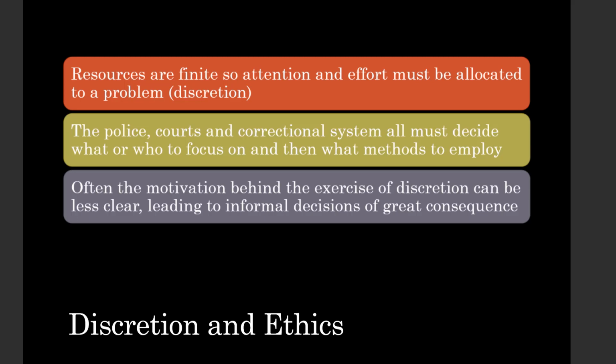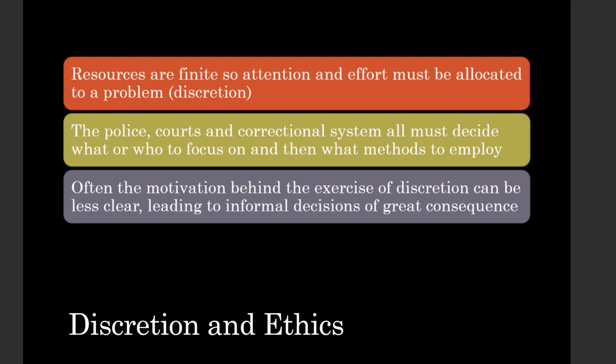If you want to focus on, I want to stop murders, you might not have as much resources to investigate burglaries. If you say, I'm going to focus on traffic stops, you may not have as much energy to focus on things like drug sales. The police, the courts, the corrections, all have to decide what or who to focus on and what methods to employ.